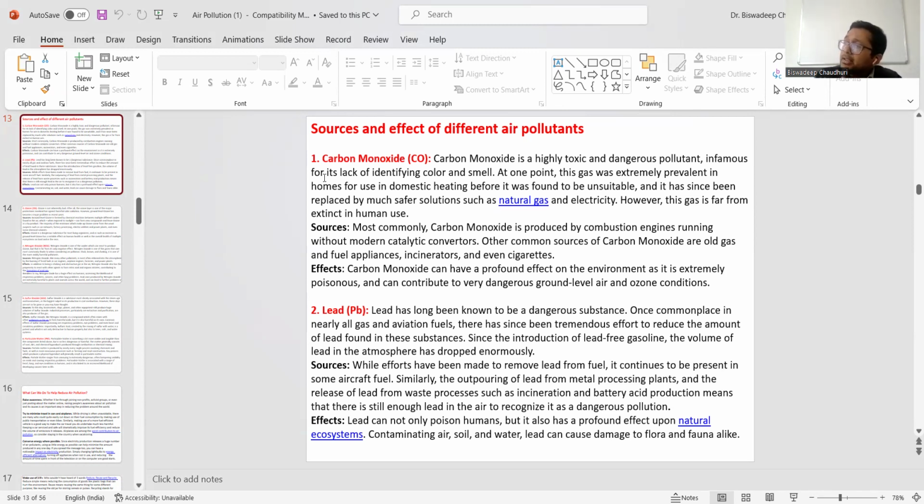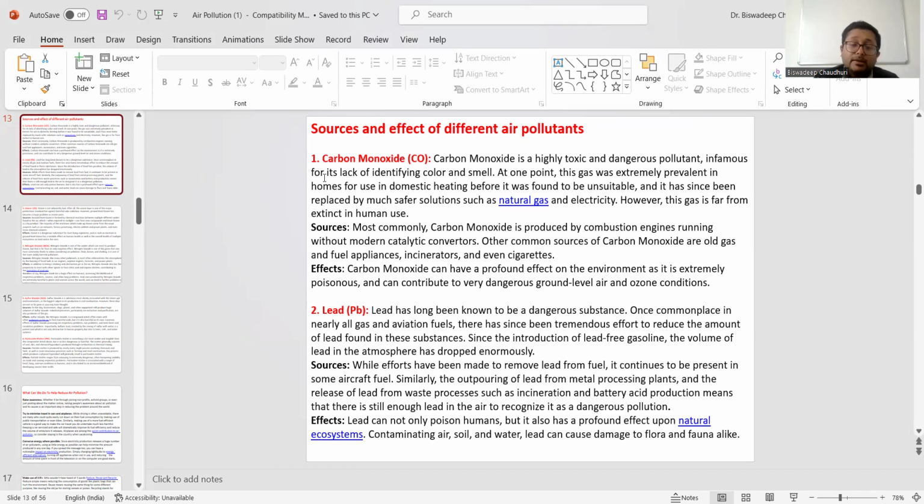Because whenever you are using lead in your petrol or diesel engine, that lead is thrown out by the exhaust, and this air is inhaled by all animals, birds, and it is also taken in to some extent by aquatic animals, etc. So the total ecosystem is damaged due to the presence of lead in air.